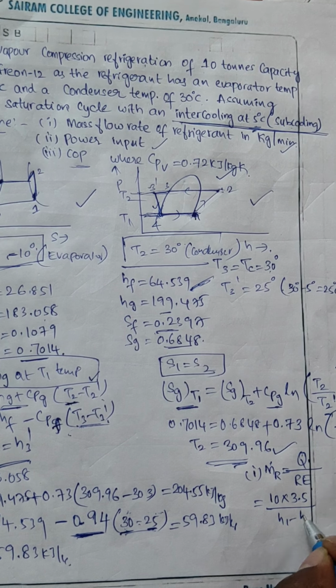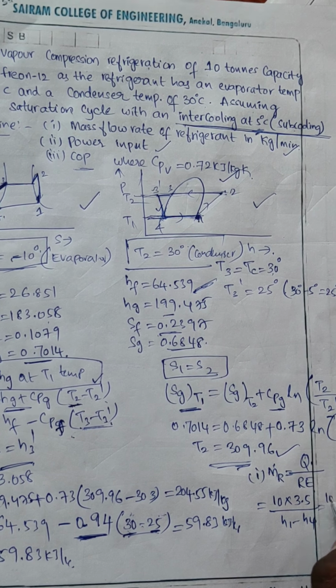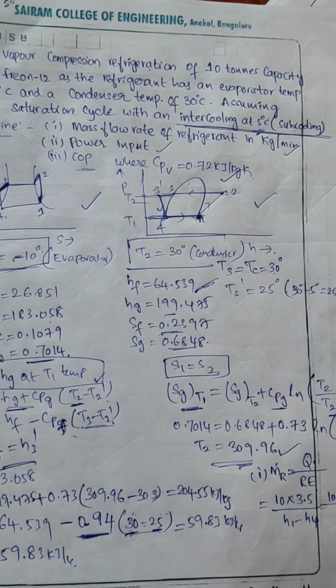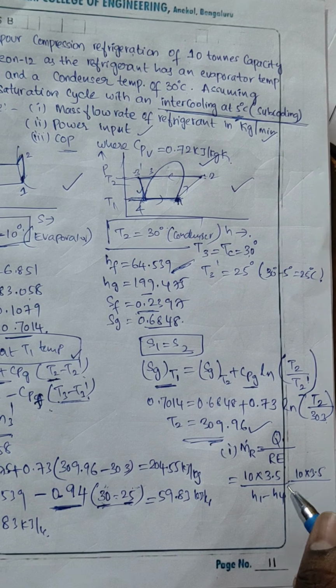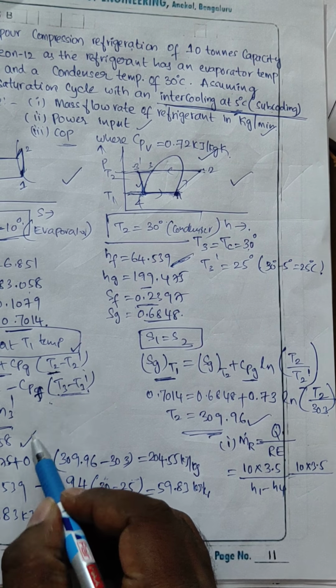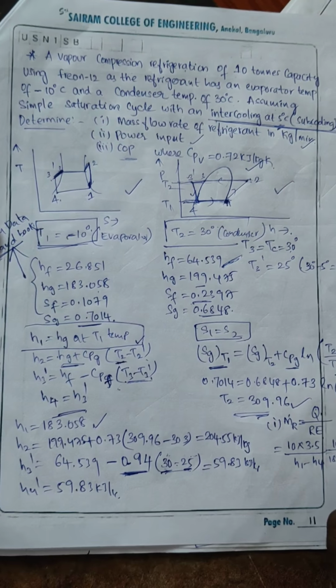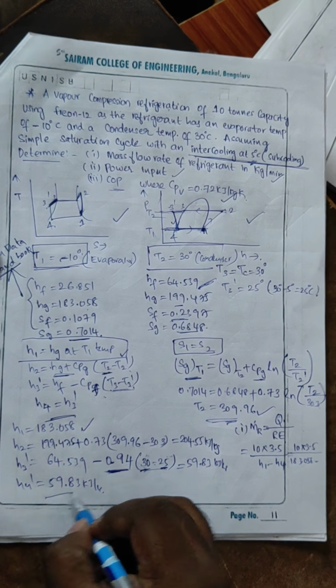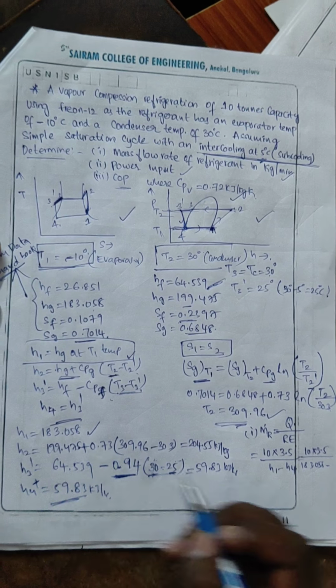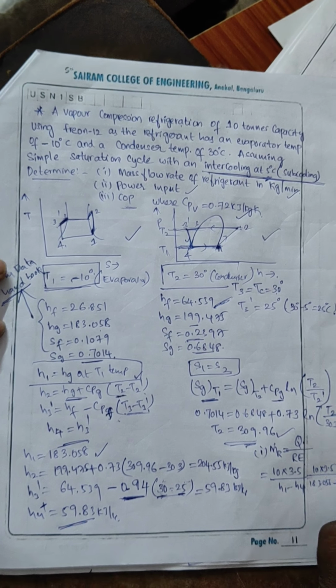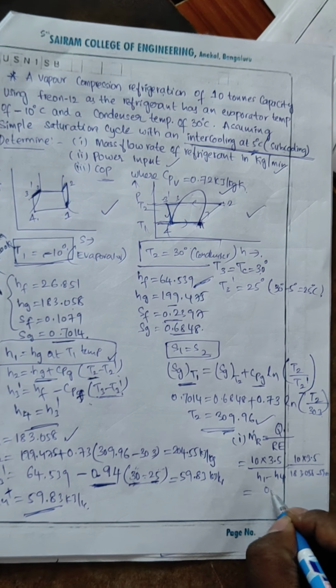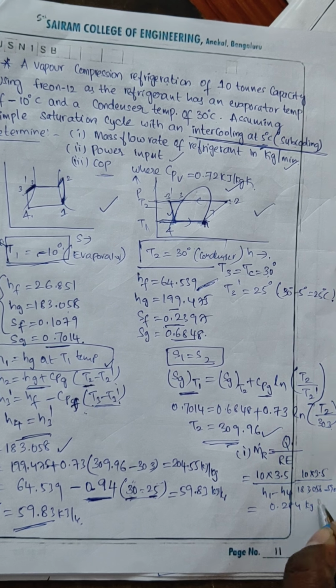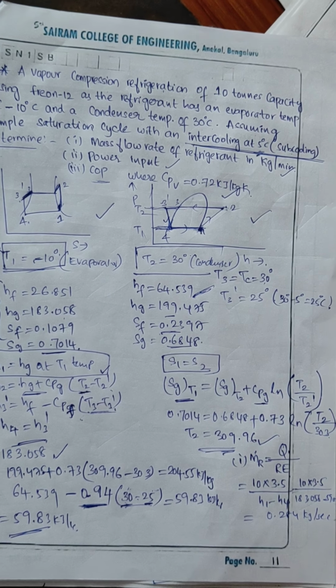H1 is found as 183.058 minus H4, which is 59.83. So this value becomes 0.284 kg per second.